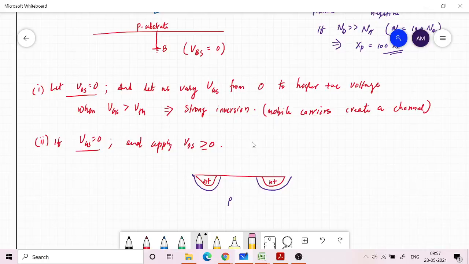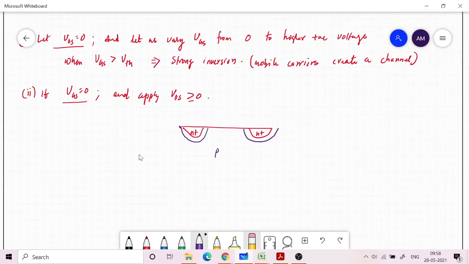So you can model this like two diodes, two PN junctions. Here you have one diode like this, and on the other side a diode like this. This is the equivalent circuit, and you are applying a voltage like this, which is your VDS. If you apply a voltage like this, this diode is forward biased, but this one is reverse biased.